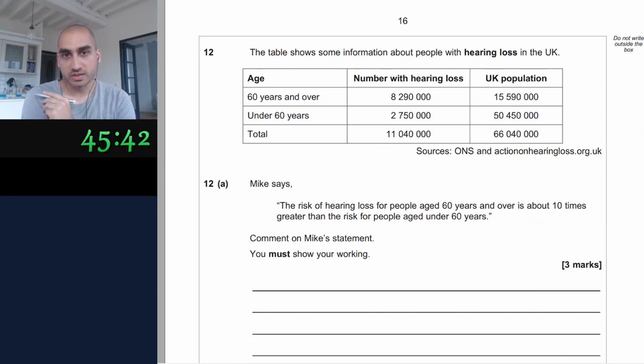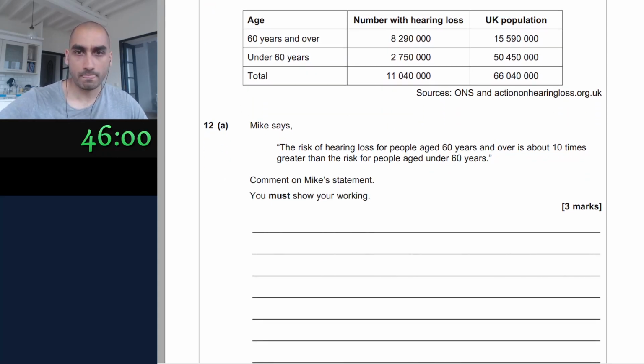The table shows some information about people with hearing loss in the UK. Mike says the risk of hearing loss for people aged 60 years and over is about 10 times greater than the risk for people aged under 60 years. Okay. What does it mean by risk? Probability. Okay.